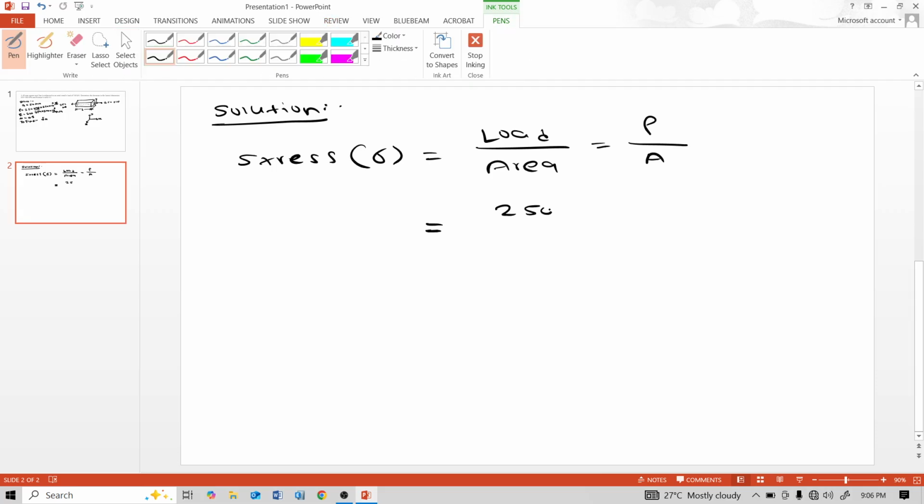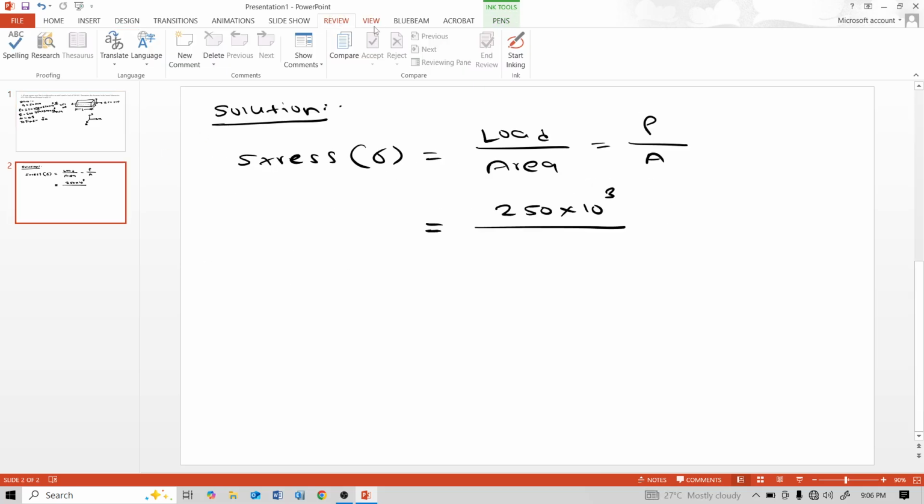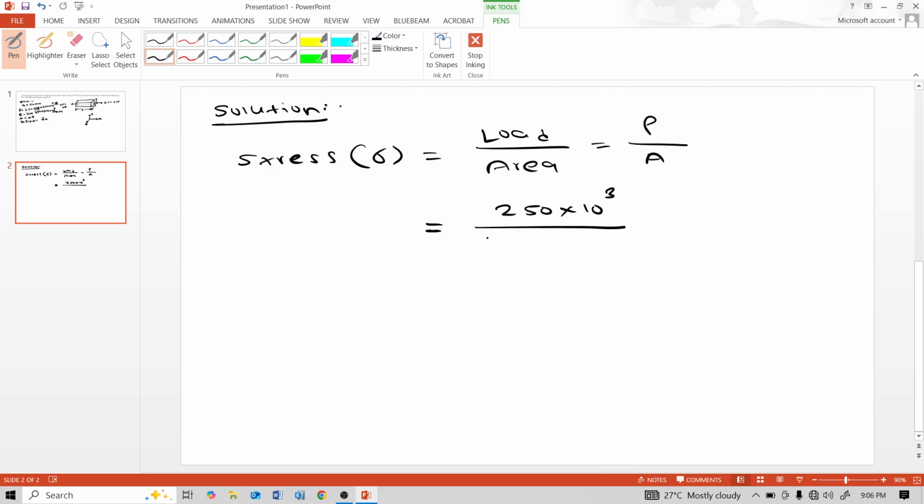That means 250 into 10 raised to 3 Newton, and cross sectional area for that, this P load, 250 kilonewton load acting on A multiplied by A cross sectional area, this much. See cursor, this much cross sectional area, this 250 kilonewton load acting. That's why area is 50 multiplied by 50.